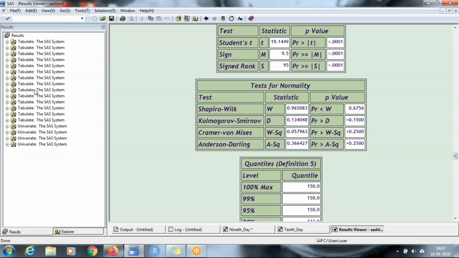Sir, please repeat the third point. So the third one is, the null hypothesis is a hypothesis of status quo. That is, whatever is as it is, is right. So whatever the data is, it is normal.